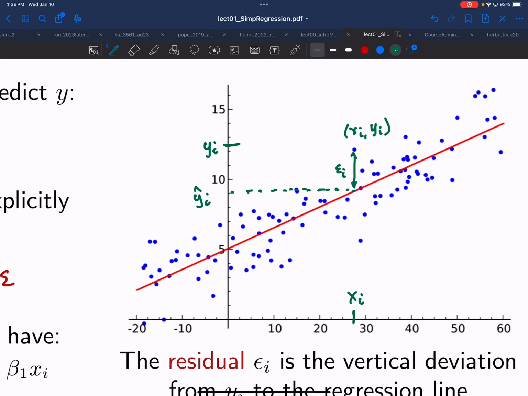It's the prediction we're making, and the difference between these quantities here, that's the error.